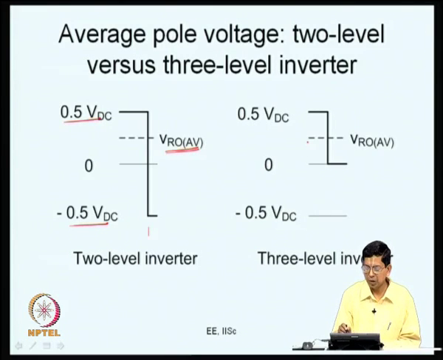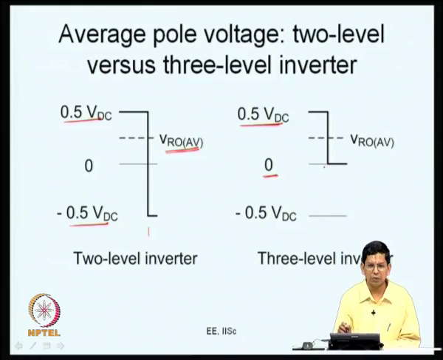If you consider a similar voltage of say 0.25 VDC in a 3-level inverter, you will realize that by time averaging of plus 0.5 VDC and 0, you do not have to apply minus 0.5 VDC. You apply 0.5 VDC for roughly half the switching interval and 0 for the remaining half to get an average pole voltage of something like 0.25 VDC.